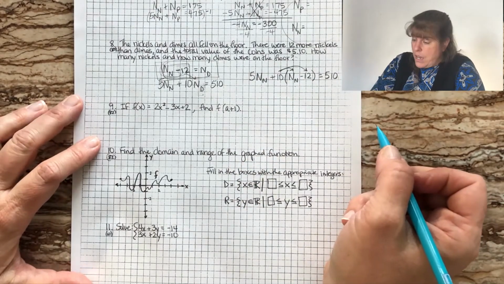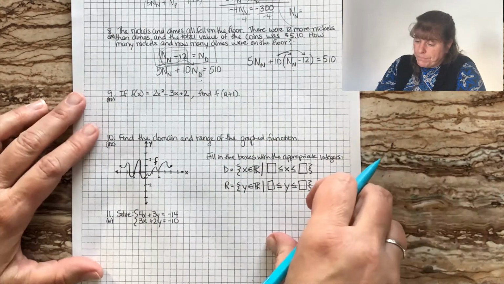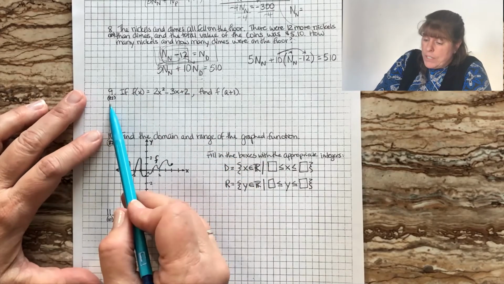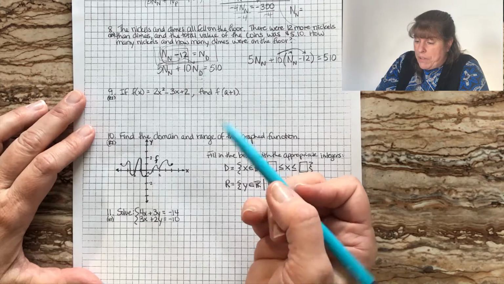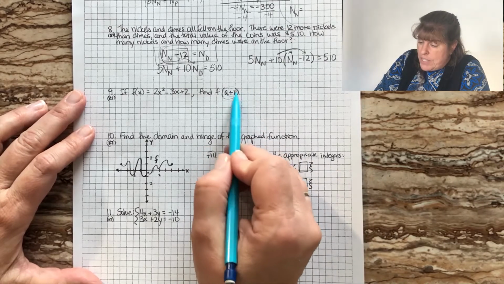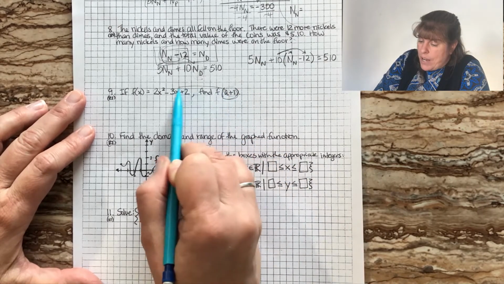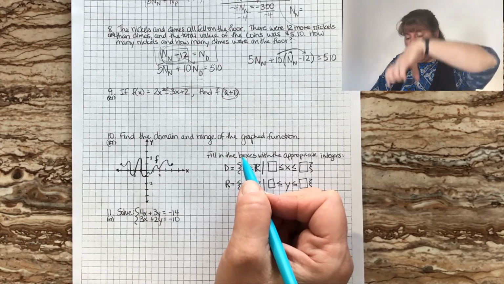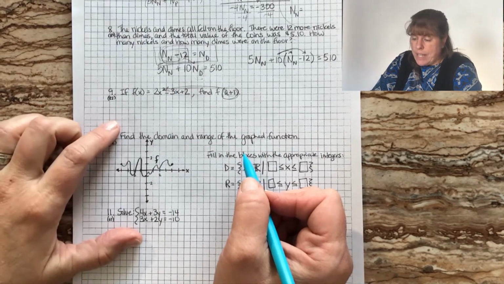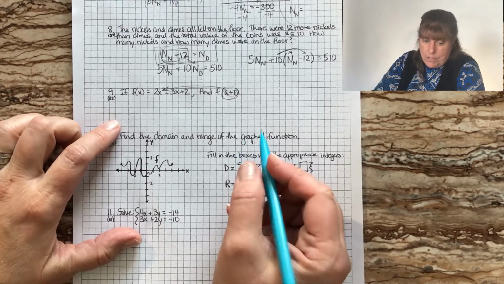So, alrighty. Number 9. This is the ones that we did in lesson 82, and you don't really come up with a number answer. You're taking this piece here, putting it in for x into your function. So you're putting a plus 1 into the machine, and then you're writing down what becomes of it.